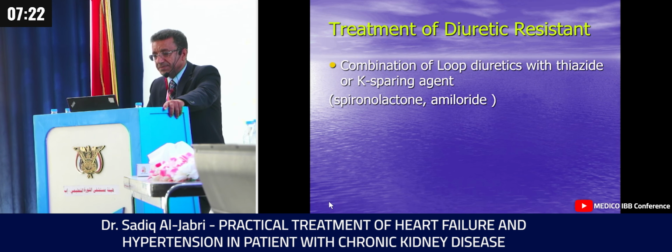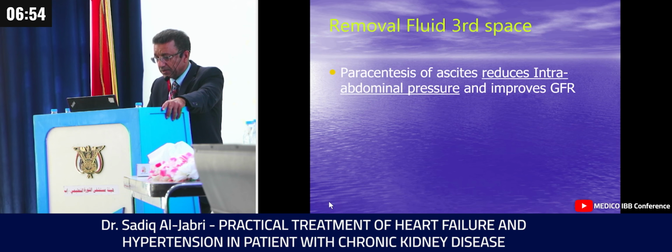We have to use combined diuretics, called sequential diuretic treatment, combining loop diuretics with thiazide, hydrochlorothiazide, and potassium-sparing diuretics. It is very effective, mainly in patients with nephrotic proteinuria and hypoalbuminemia. We also do paracentesis to decrease the intra-abdominal pressure.